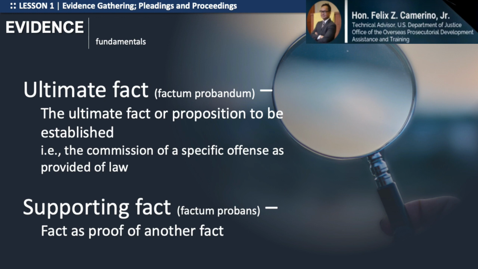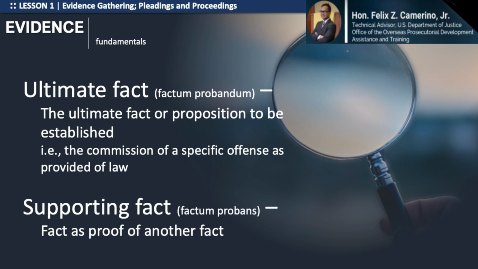It doesn't necessarily prove that he gathered, but there's proof that he actually did the cutting of timber, right? Same for the picture. It may not prove that he actually cut. What it proves is that he gathered, because there's a picture of stockpiled lumber, and it may not necessarily prove also that he has gathered without a permit, right?